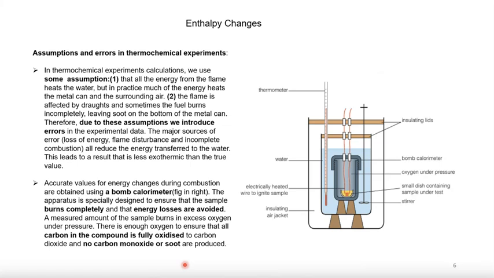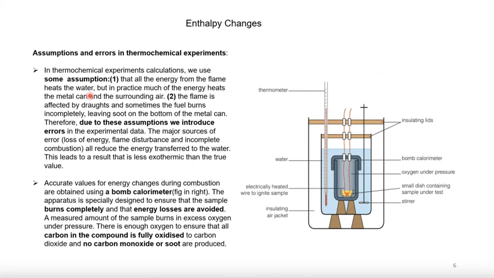But in thermochemical experimental calculation, if we do not use this assumption, then there will be some error in it. So this open polystyrene cup will lose some energy to the surroundings. The assumption we have taken is that all the energy from the flame heats the water.